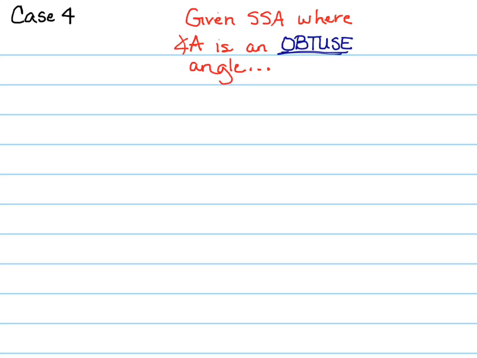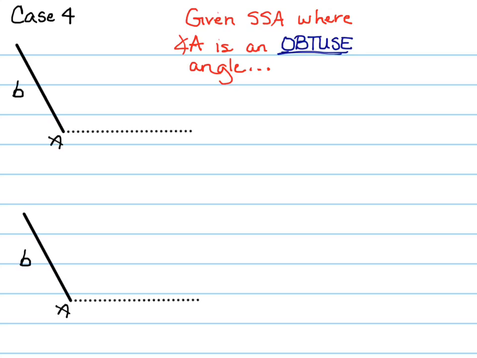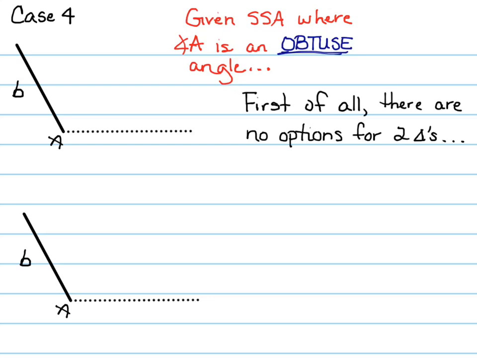Alright, now case 4 includes what if you are given an obtuse angle to start with. Well, first of all, there are two situations, and the first situation is you'll never have any options for two triangles, because as you recall from case 3, the second triangle that was created was an obtuse triangle. Well, if you're already starting with an obtuse angle, you can't have two obtuse angles in a triangle. So that would take away the possibility of having two triangles.